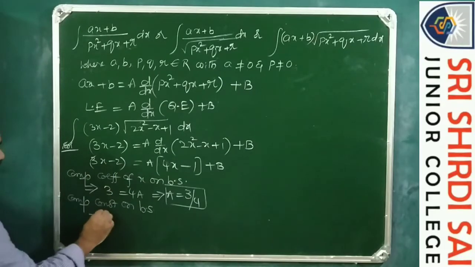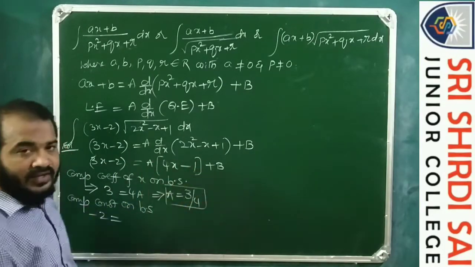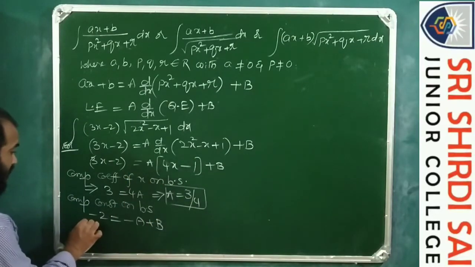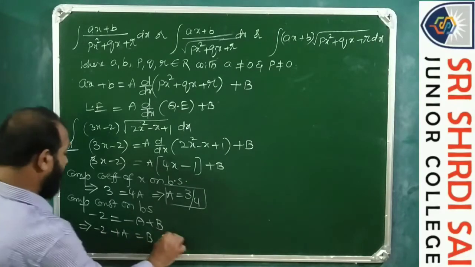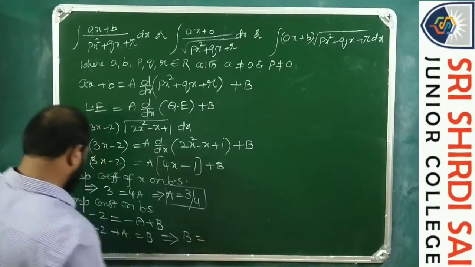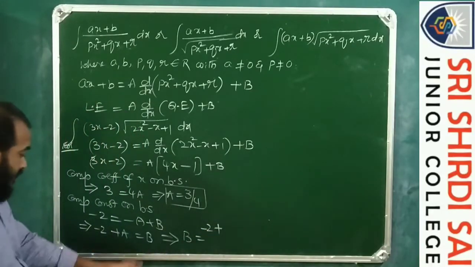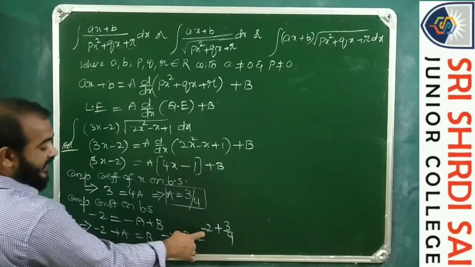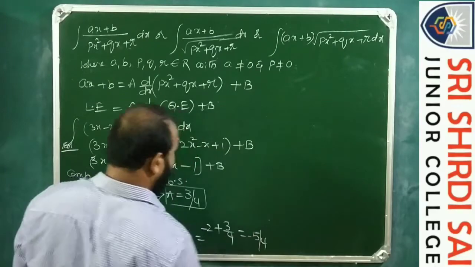Here the constant is minus 2, which is equal to minus 1 into A, minus A plus B is the constant here. So minus 2 plus A is equal to B. From this, B is equal to minus 2 plus A, which is 3 by 4. So 4 2s are 8, minus 8 plus 3 is minus 5 by 4.